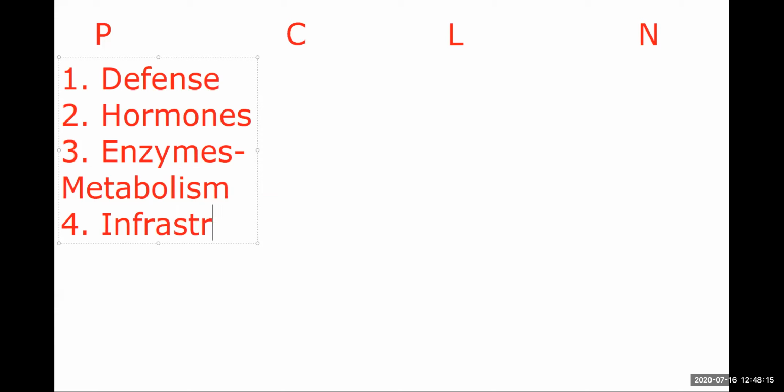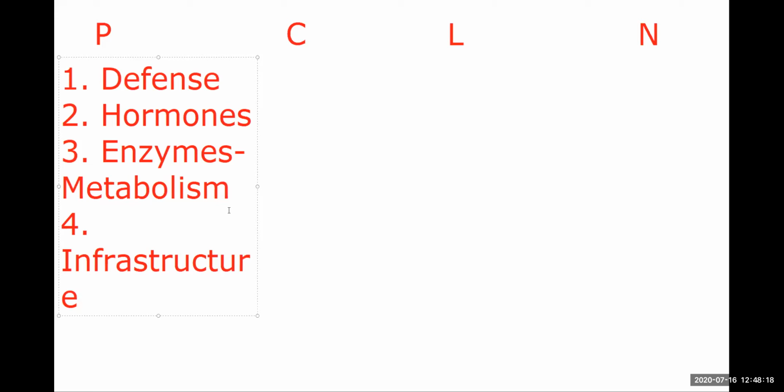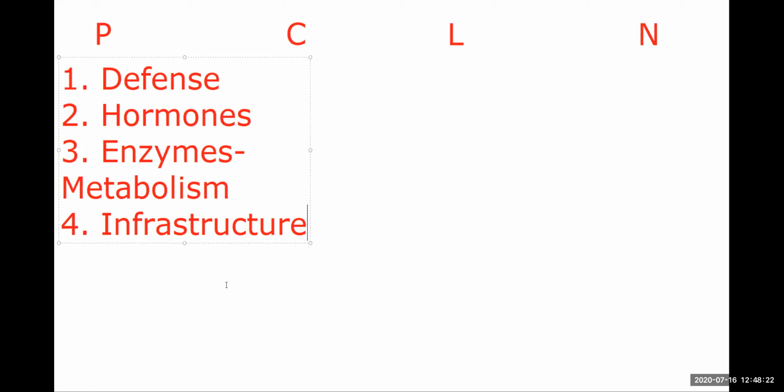Cellular infrastructure. So proteins, for example, if you look at our body, a skeletal system, it has muscles and bones. Proteins are an important component of muscles.